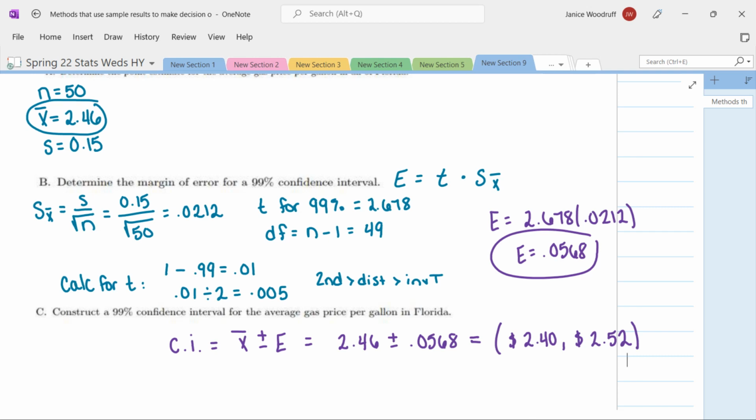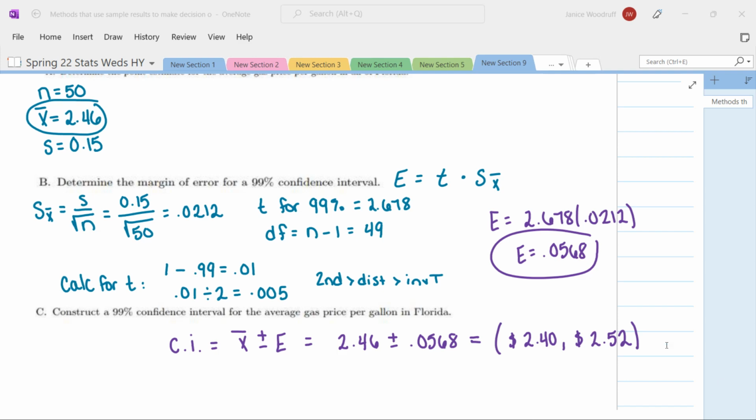You just have to do t instead of z. So if you use z with a smaller sample size, it's going to be too far off, and then you could get the question wrong. So once you get the steps of how to do the confidence interval, it's really about identifying which value you need to use.